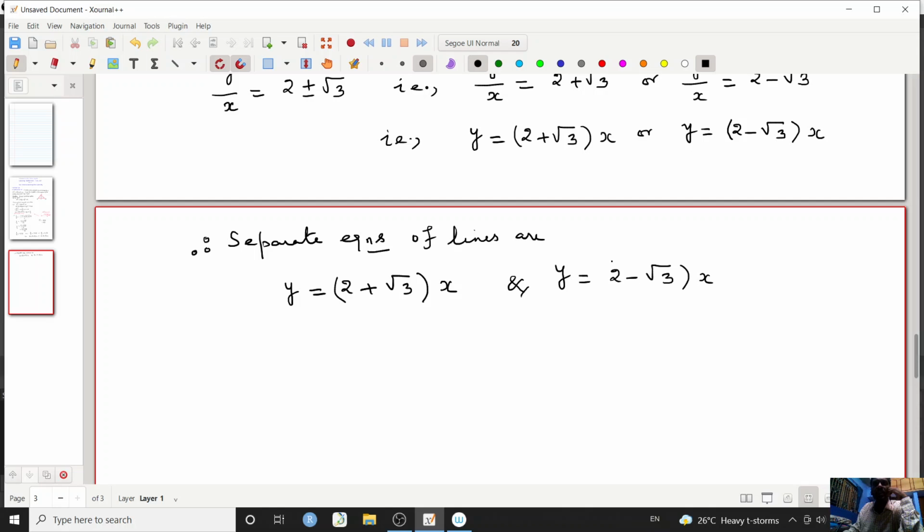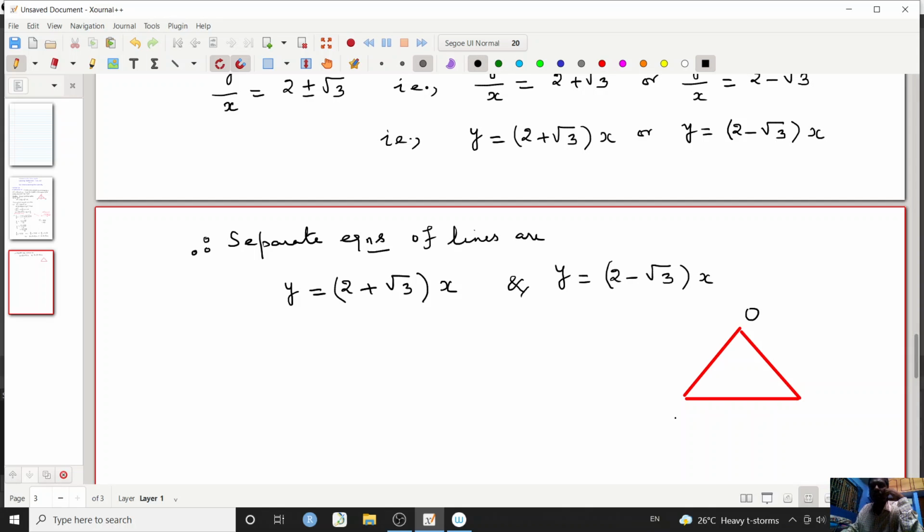And remember that we are given a triangle, again I remind you, a triangle OPQ, formed by the pair of straight lines.